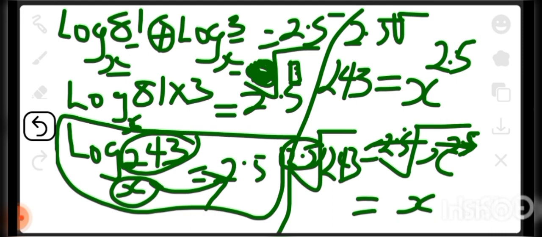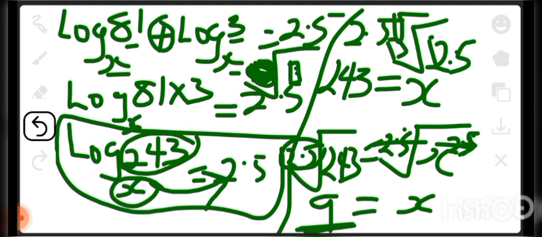That will be very fast, and that will be 9. That becomes the answer. Just press the button that will take the shape, put 2.5 in this place, 243 in this place, and that will give you the value of x.